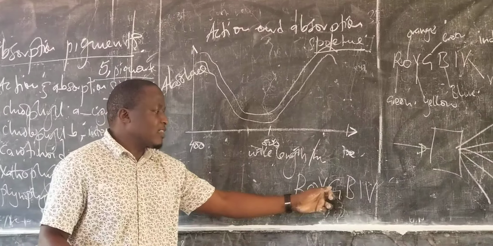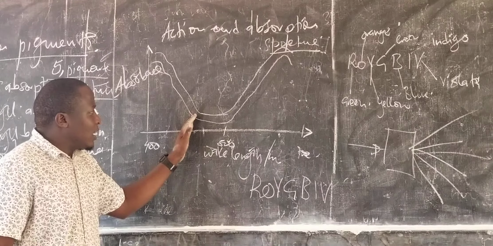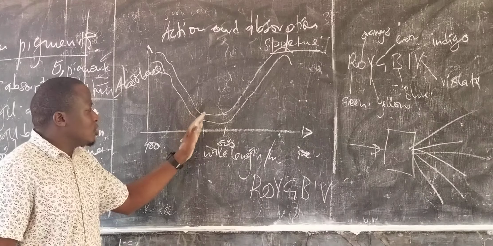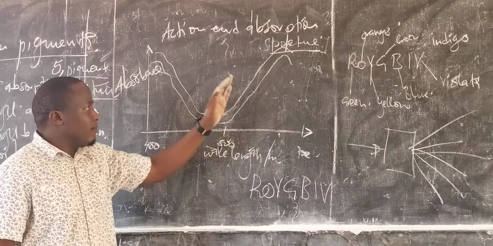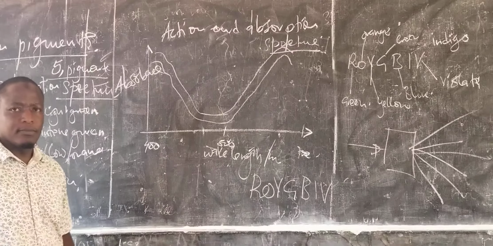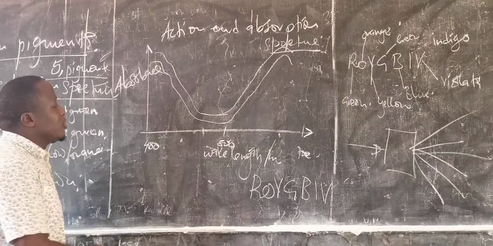So I'm saying that each of those wavelengths is represented by a color. And depending on those colors, we are going to allow absorbance to be shown low at one time, and absorbance will be maximized at another. I will give a practical example.